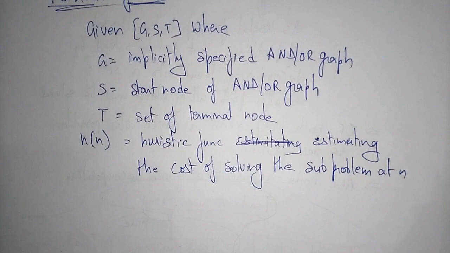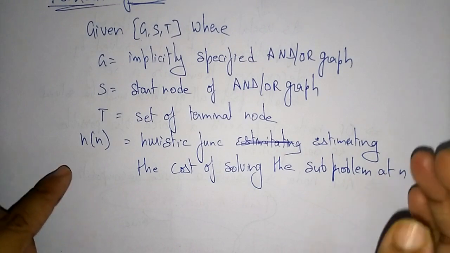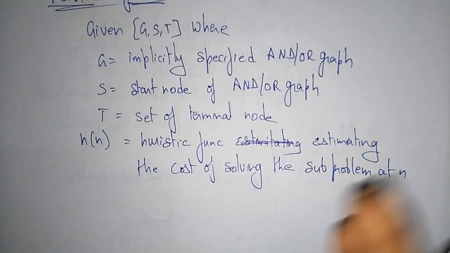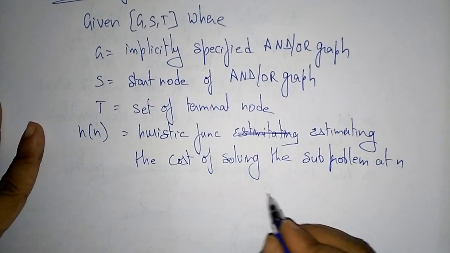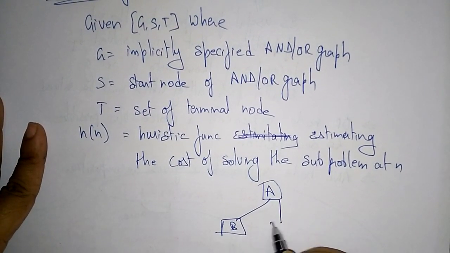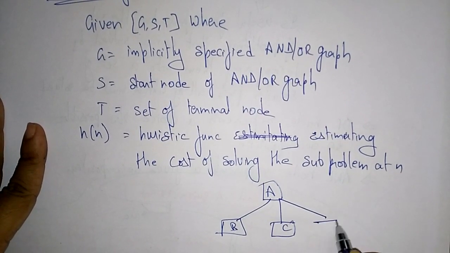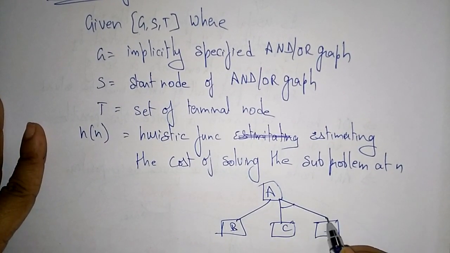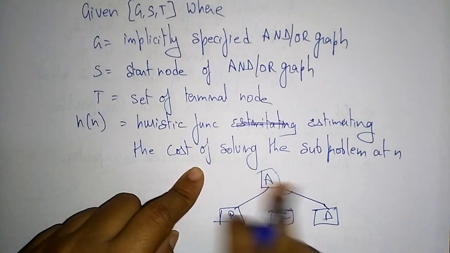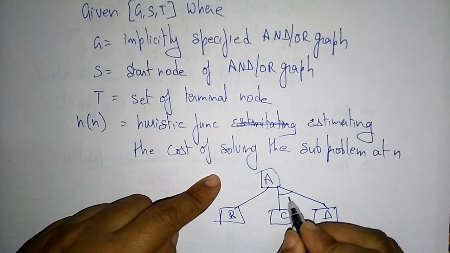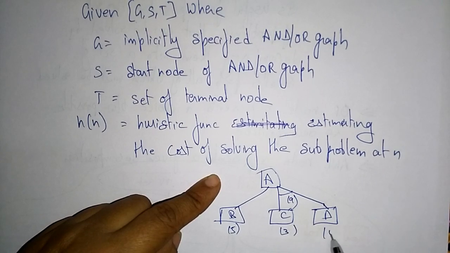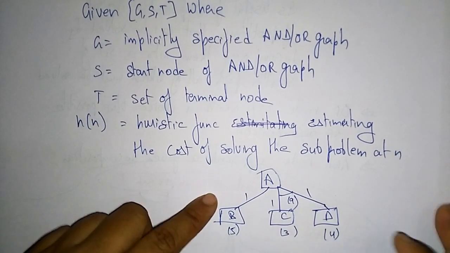The heuristic function means you have to select any one of the graphs, you have to find out. Suppose any graph is there, I'm just taking a simple example: A, B, C and D. So this is a graph, and this represents the AND and this is the OR. Here the heuristic function is to estimate the cost of solving the sub problems. Let us say this is 9 and this is 5, and 3 and 4. The edge values for this are 1, 1, 1.